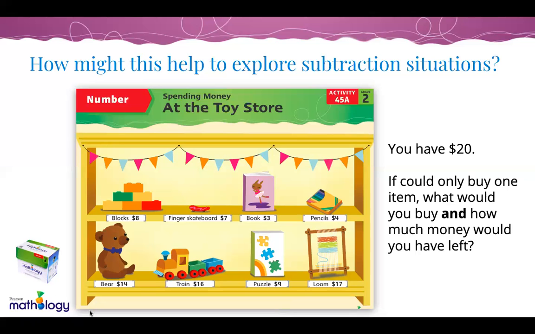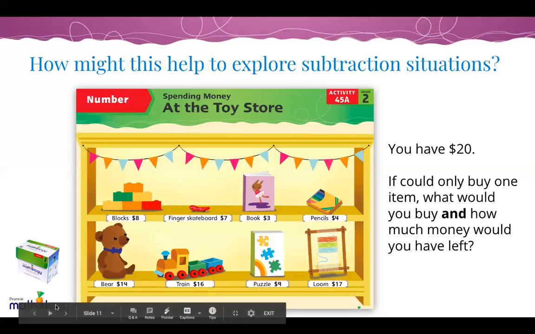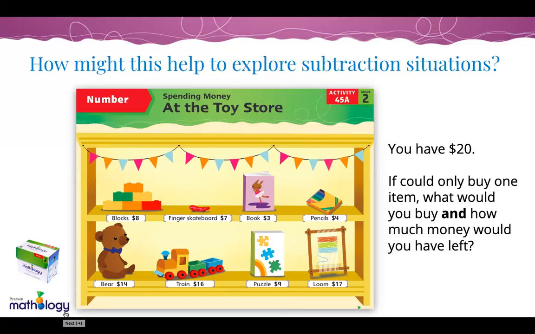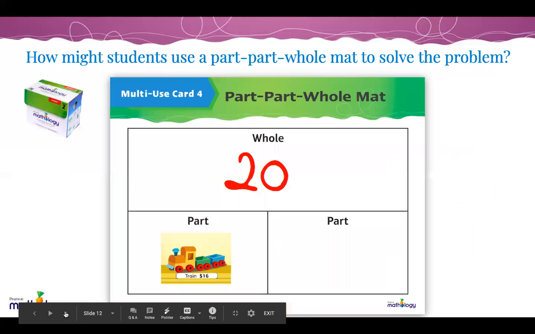Even though it's a subtraction situation, sometimes our students will actually use addition to figure it out. That's why it's sometimes helpful to call them subtraction situations, because then children are free to figure out how best and how efficiently they can work through that.